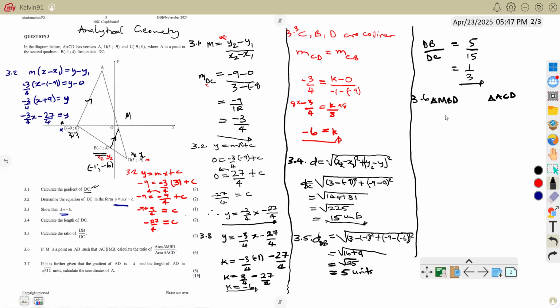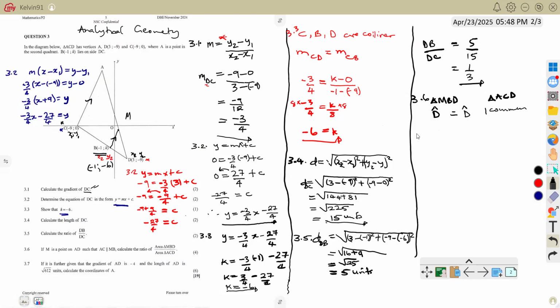If we check these particular triangles, we can see that angle D in triangle MBD will be equal to angle D from triangle ACD. Why? It's a common angle in both triangles.